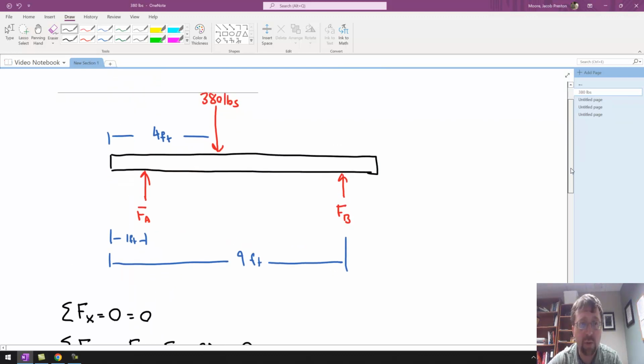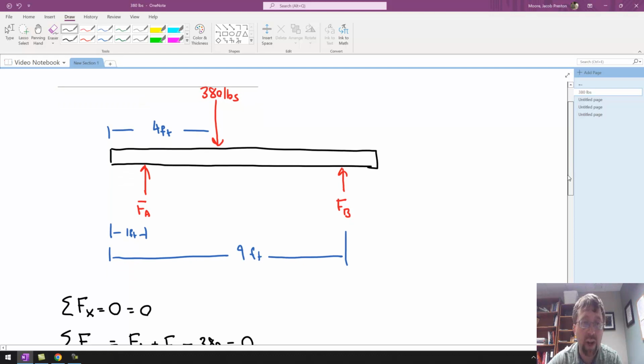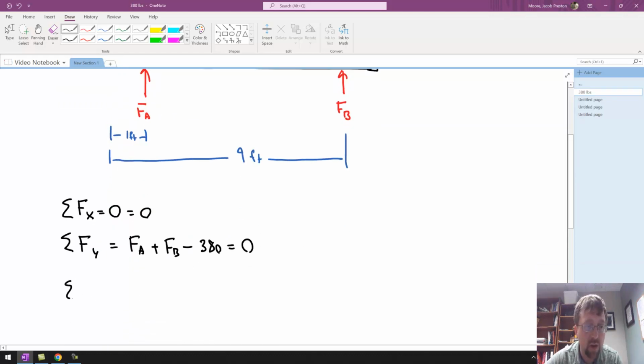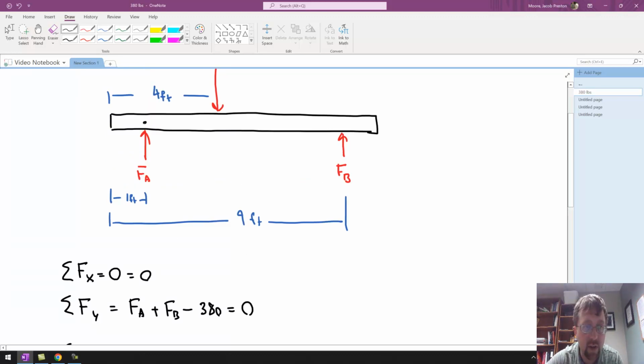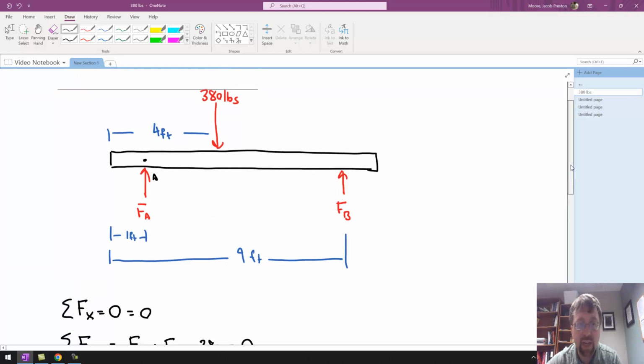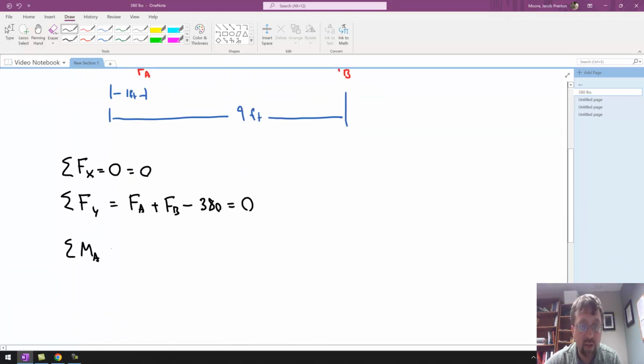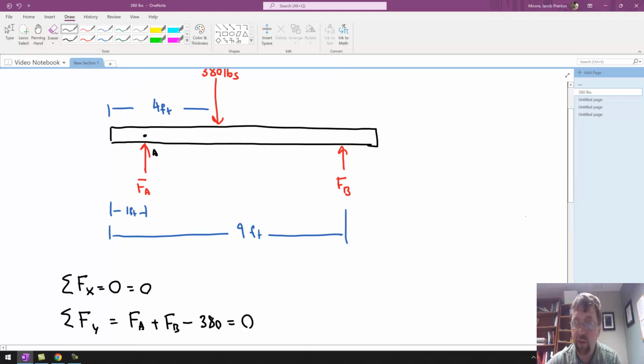That's my equilibrium equation for the y direction. And then if I take the sum of moments about, let's do about point A. So the sum of moments about point A, which is where F_A is applied, what I'm going to have there is F_B times 8. So force times distance. And it's counterclockwise, so that's a positive moment. Minus 380 is my force times my distance. So A to this force is 3 feet.